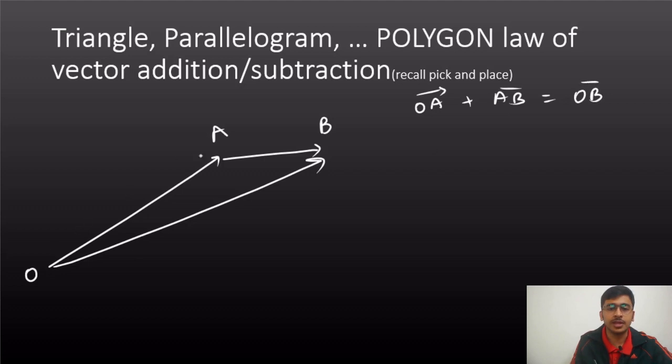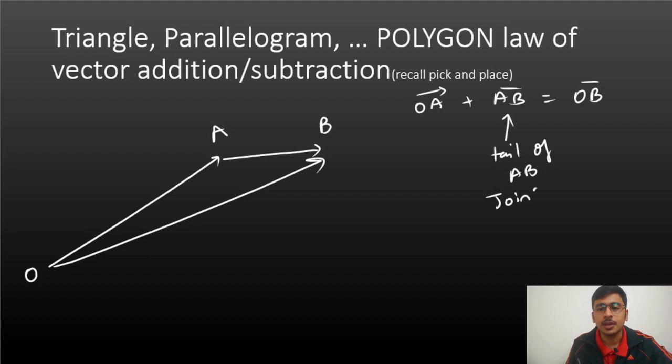So basically what's happening here is, if I were to add two vectors, I'm placing OA and AB head to tail, such that the tail of AB joins the head of OA.